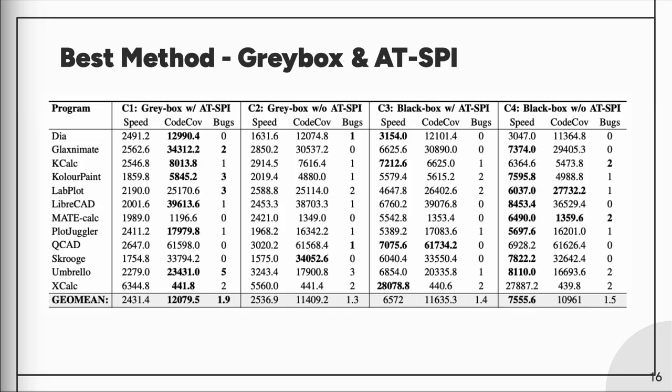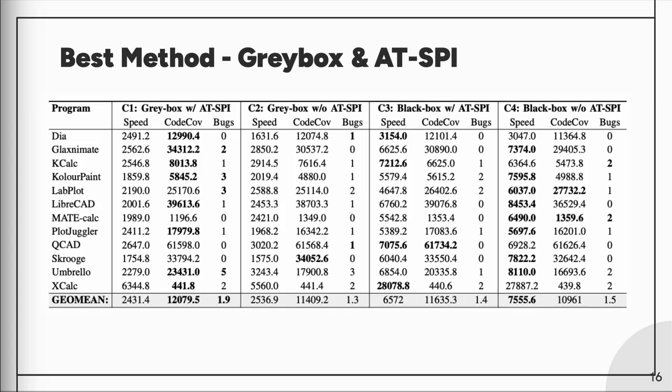The diagram above shows some of the results for the different setups. What I would like to bring your attention to is the fact that the techniques present do have a strong potential to find bugs, with some runs producing 5 unique bugs on some software such as Umbrello. And as there are currently no other fuzzers that broadly support desktop GUI fuzzing on Linux, there were no competitors they could compare against.